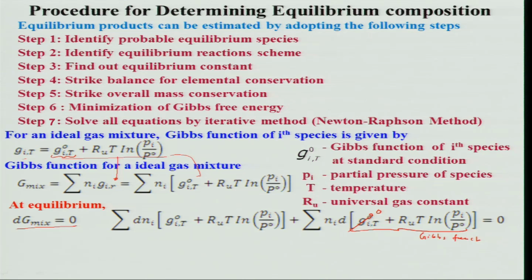Because if I look at it, dG_i^0(T) is 0, because it is not changing with respect to whatever the standard temperature is; it will be at a certain temperature, so it will not be really changing. So that will be 0, and we will find that d ln(P_i/P) is basically dP_i/P.